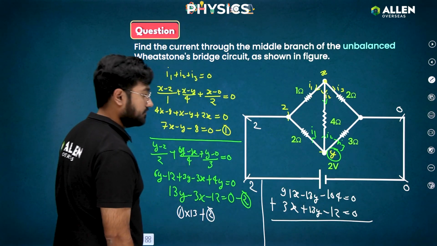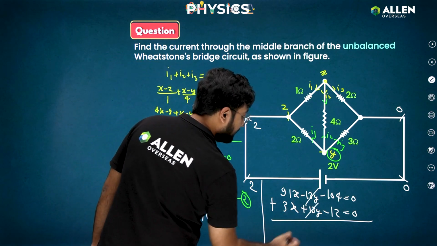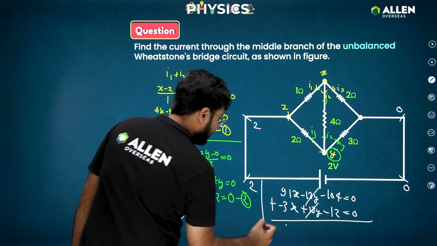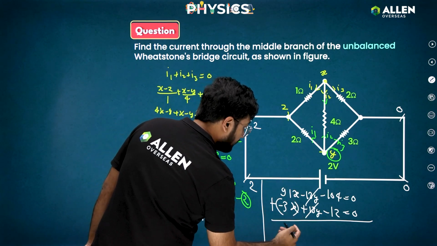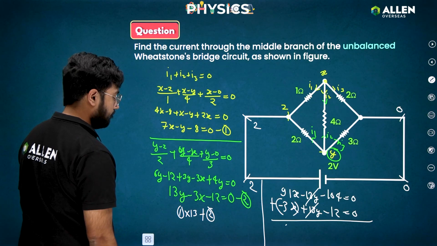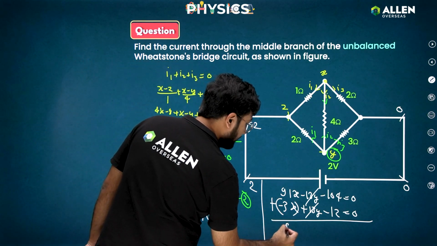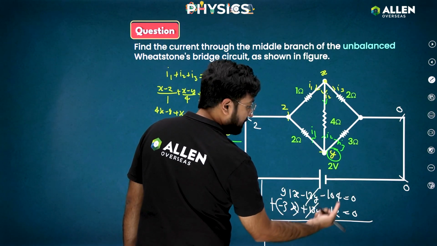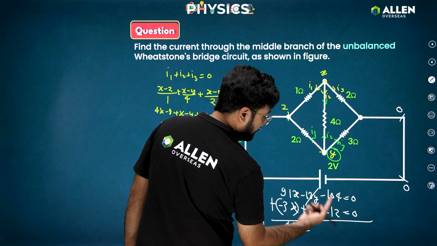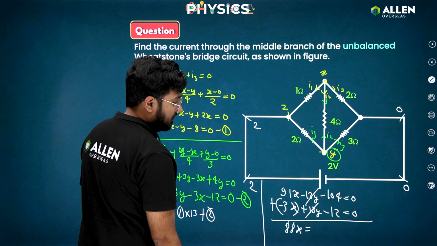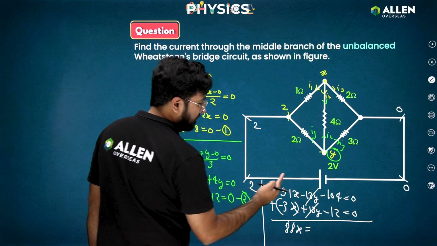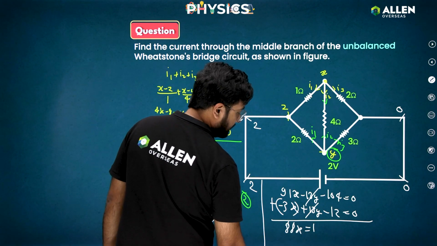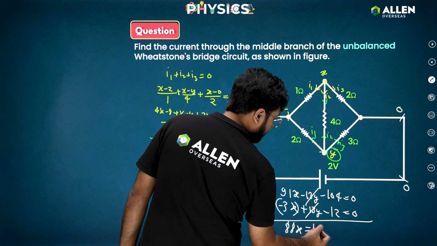Add them together. So y gets cancelled. This will be 88x is equal to 116.